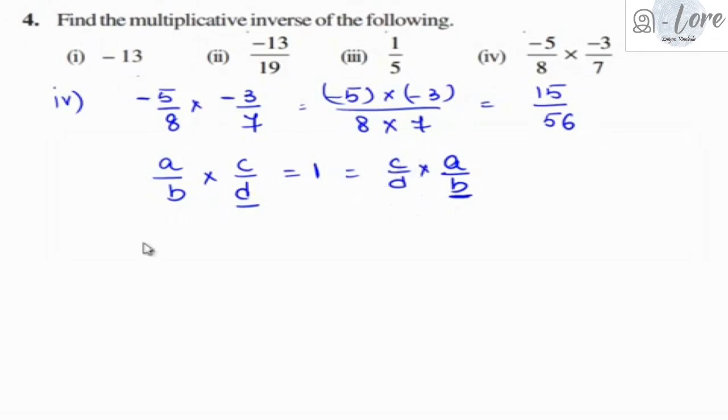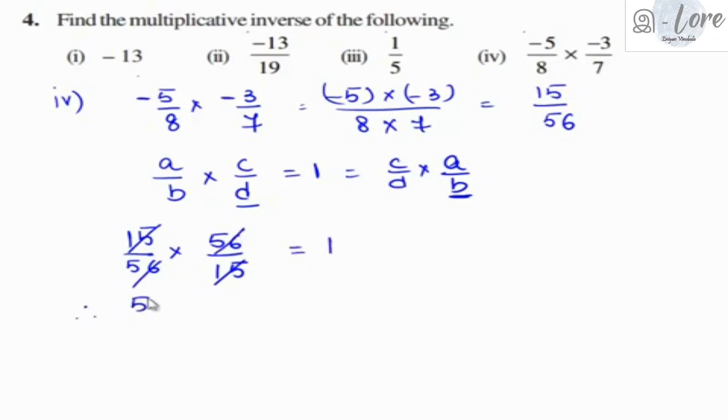Now we come to 15 by 56. If you multiply it with the rational number 56 by 15, we observe that the common factor 15 got cancelled and 56 also got cancelled. The result left over is 1.